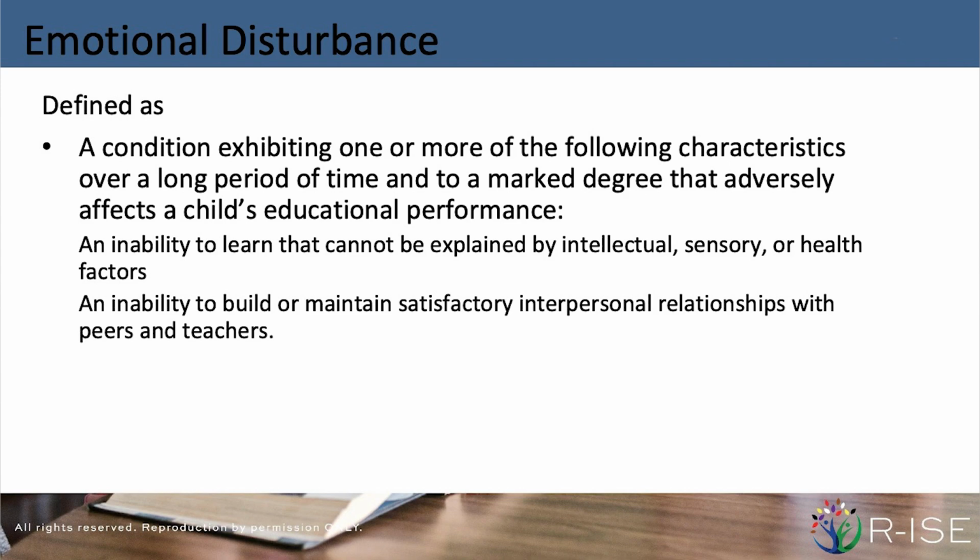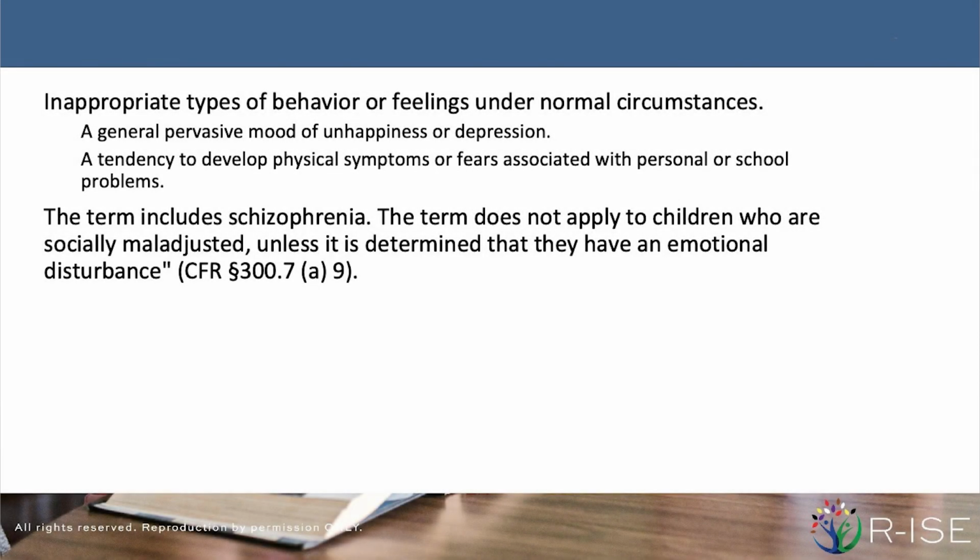This includes an inability to learn that cannot be explained by intellectual, sensory, or health factors, an inability to build or maintain satisfactory interpersonal relationships with peers and teachers, and inappropriate types of behavior or feelings under normal circumstances. And the term includes schizophrenia. The term does not apply to children who are socially maladaptive unless it is determined that they have an emotional disturbance.